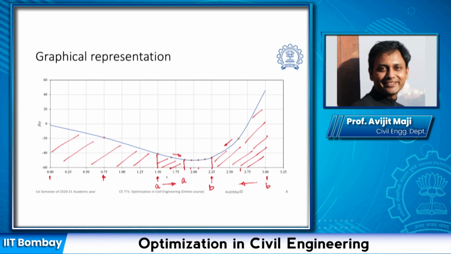Then we calculate the two quarter points. The first quarter point is here, the second quarter point is here, and again when we compare the objective function values at these 3 points, we will find that the objective function values are reducing as we move from x2 towards x1.